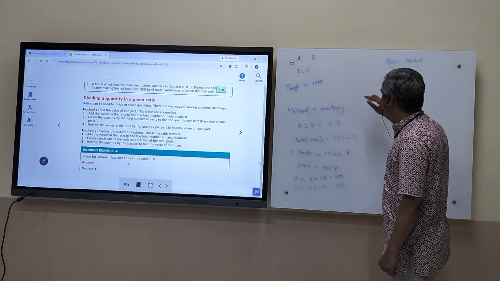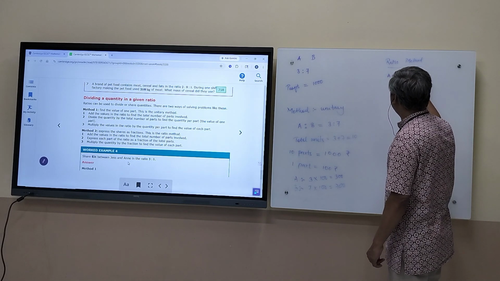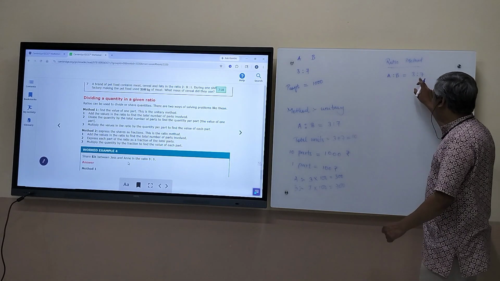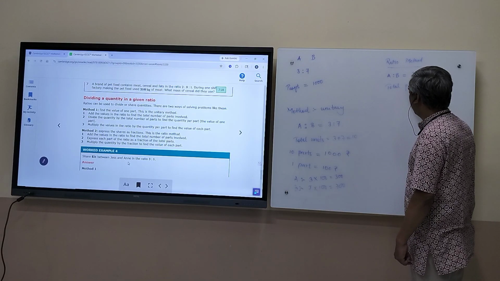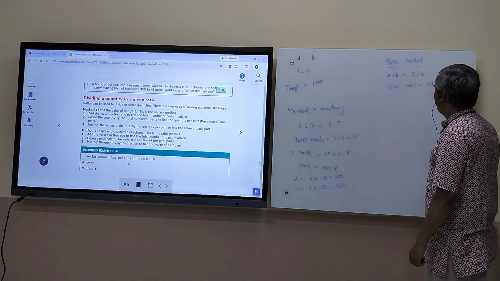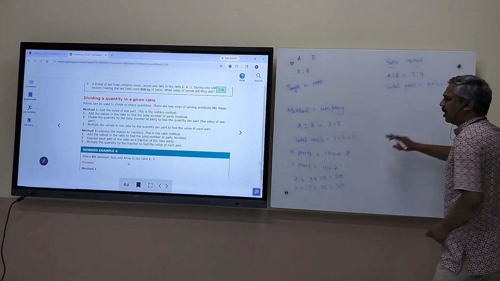So how do we find the ratio? We first say that A:B is equal to 3:7. Then we add these and say the total number of parts is equal to 3 plus 7. Up to this point, both the methods are the same.